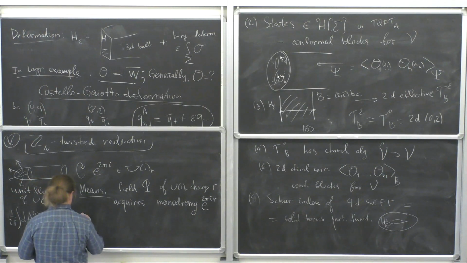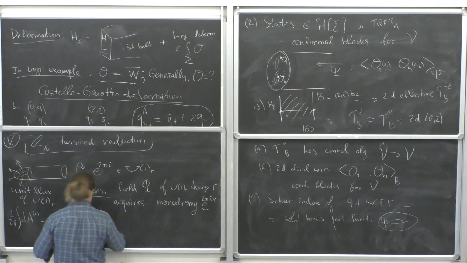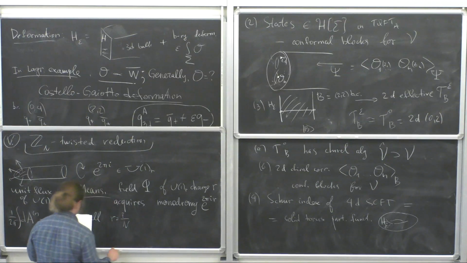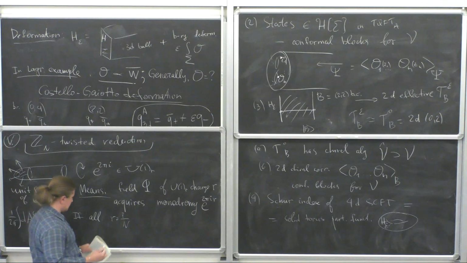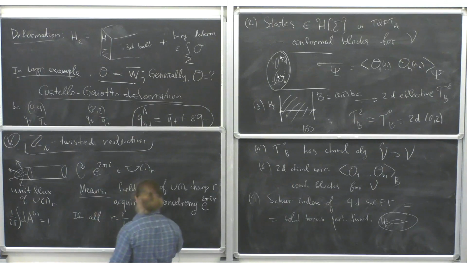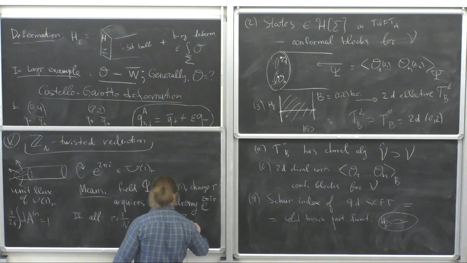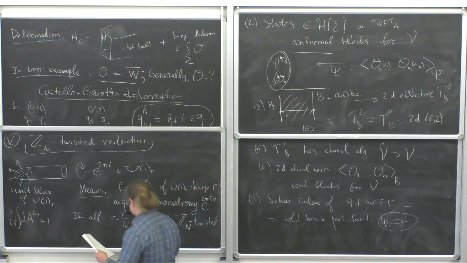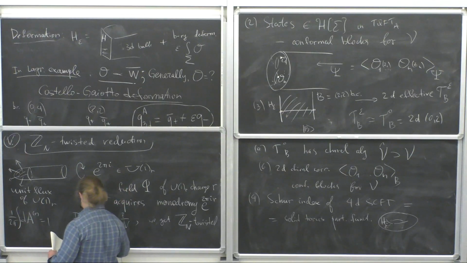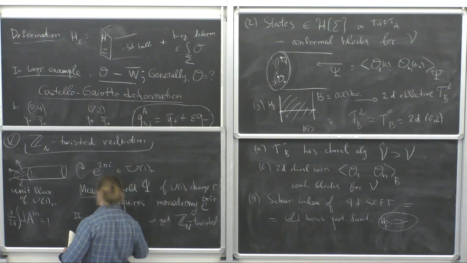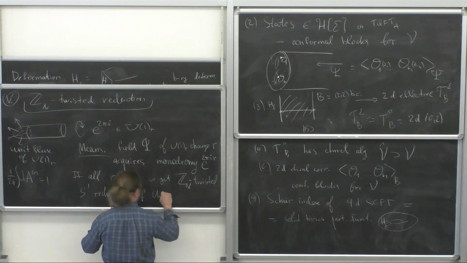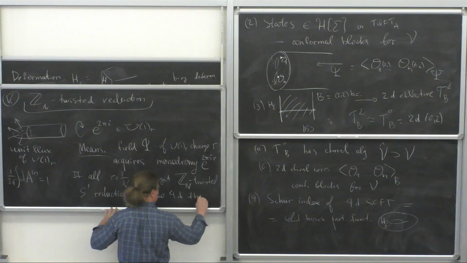Now, if all our charges have a common denominator n, then we get a Z_n twisted circle reduction of the 4D theory.